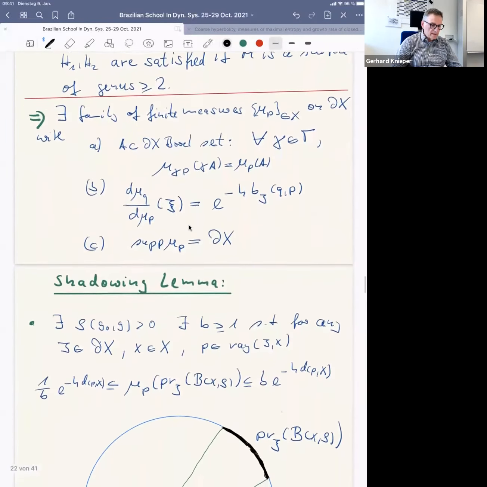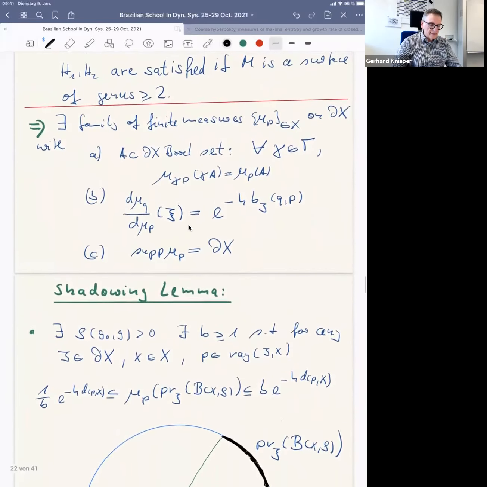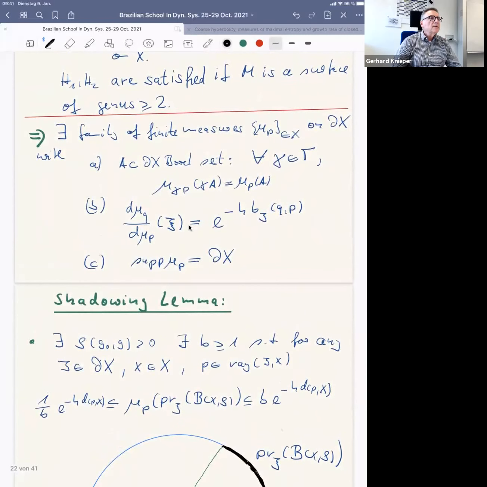Now under this assumption, we introduced a measure which is well known, the Patterson-Sullivan measure. This exists under this condition, and the Patterson-Sullivan measure is actually not a measure, it's a family of measures on the boundary. There are three important properties. One is this gamma equivariance.